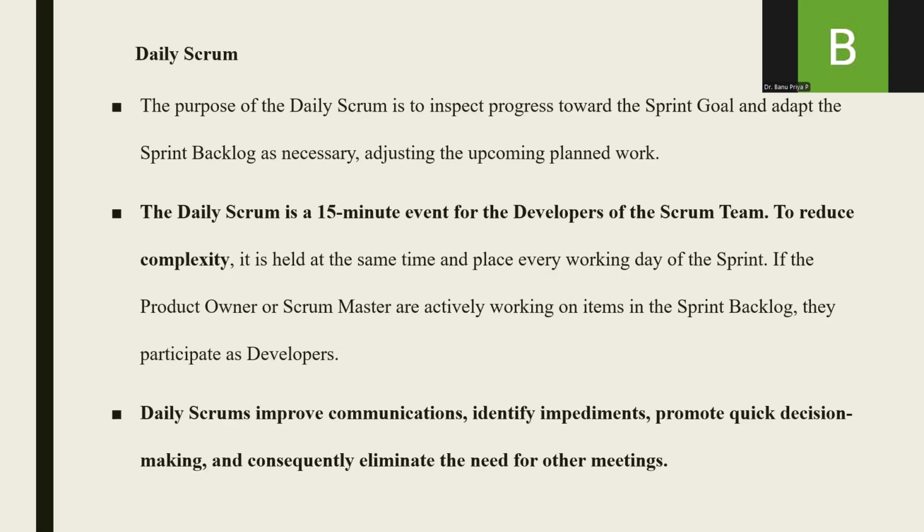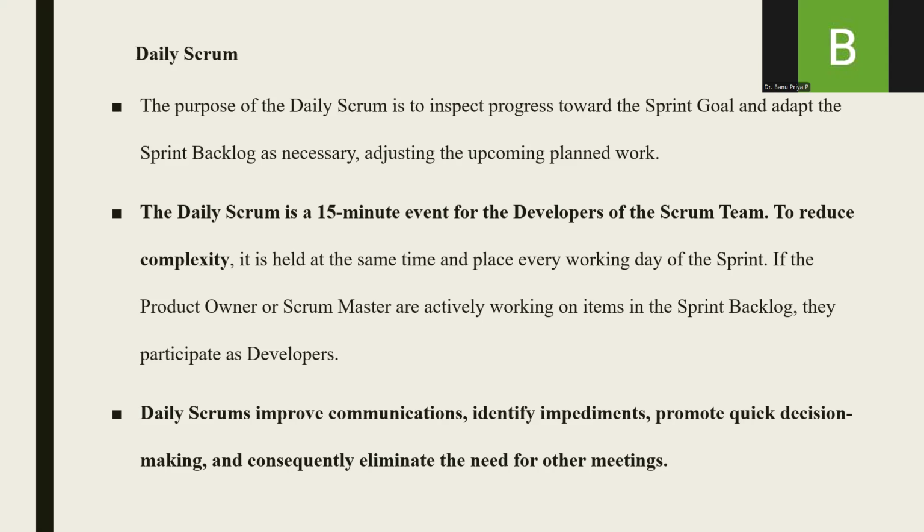The next step is the daily Scrum meeting. On a daily basis, the complete team will discuss what has been done, what the outcome of that day was, and what will be done the next day. Daily Scrum is a 15 minute meeting for the developers of the Scrum team.